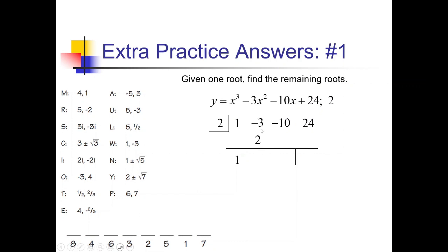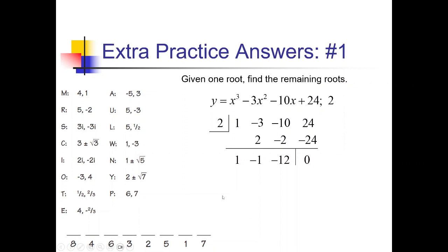Now I'm adding these top 2 rows, so negative 3 plus 2 is negative 1, times 2 gives me negative 2 over here, plus negative 10 is negative 12, times 2 is negative 24, plus 24 gives me 0. I should get 0 every time I start one of these problems because they've given me one of the zeros, one of the things that gives you 0 when you plug it in here.